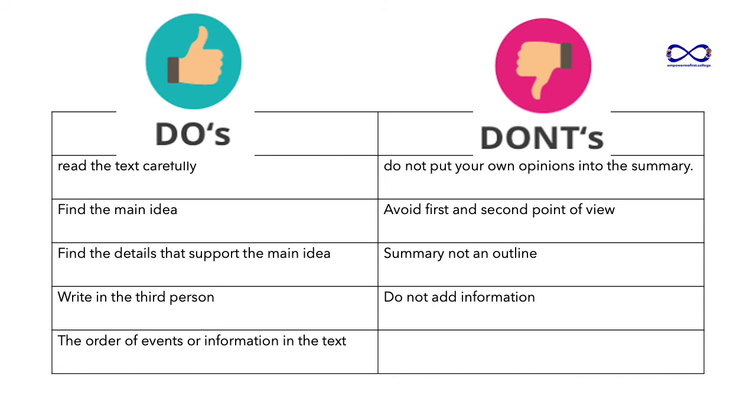And this is what you shouldn't do each time you're writing a summary. Make sure that you do not put your own opinions into the summary. We are not looking forward to seeing your own opinion or to seeing what you believe or what you think should have been. Avoid first and second point of view. So do not use the first and the second pronoun when writing your summary.